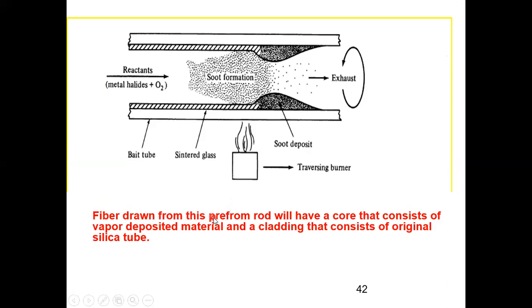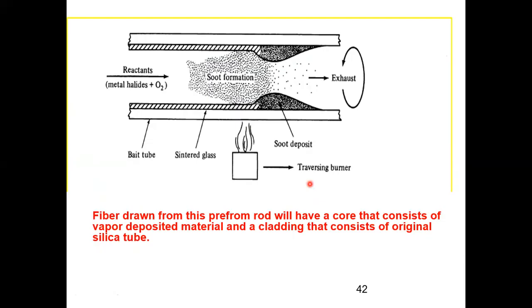The fiber drawn from this preformed rod will have a core that consists of the vapor deposited material and a cladding that consists of the original silica tube. So in this modified chemical vapor deposition technique, the cladding is the same as that of the original silica tube.